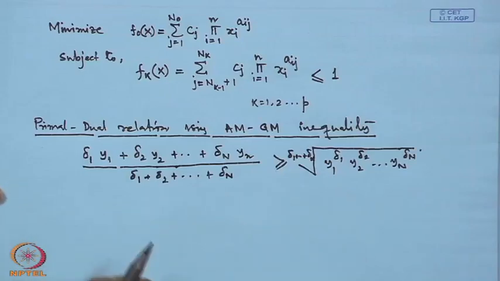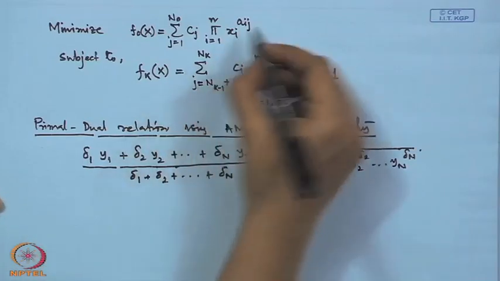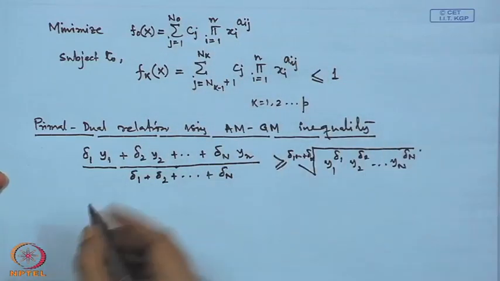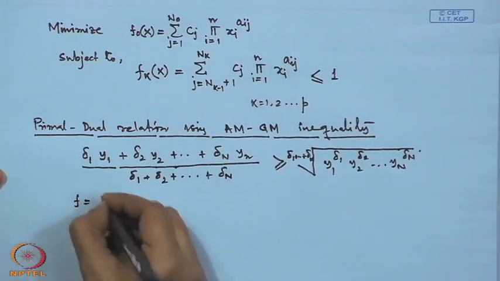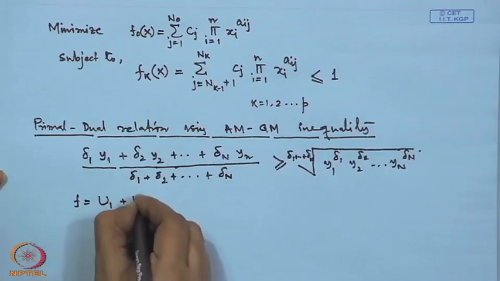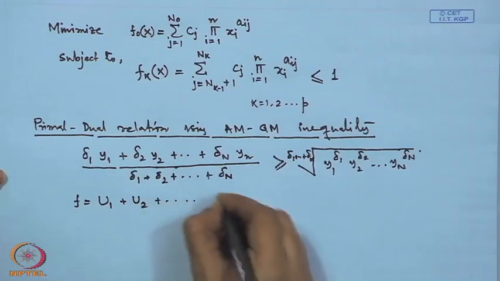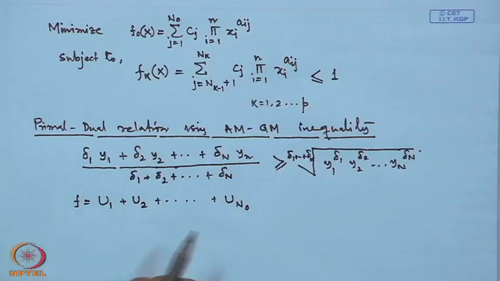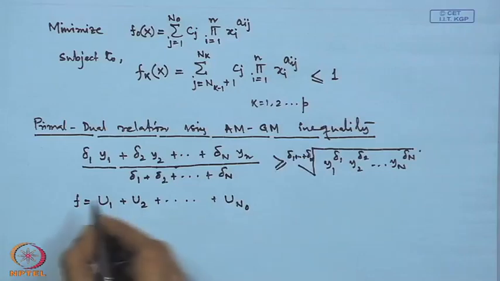Now, for the objective function where n0 terms are there, which are all individual monomials, f is certainly a polynomial, with terms u1, u2 up to un0.